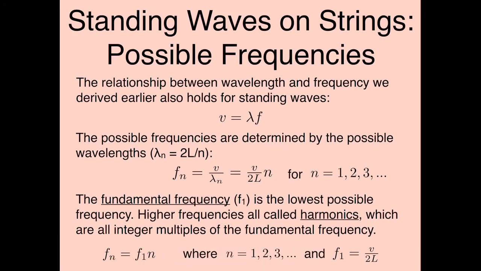That means the harmonics, the higher frequencies, are just some integer multiple of the fundamental frequency, because we just take the fundamental, we can multiply it by 2, we can multiply it by 3, 4, whatever the case may be. We're multiplying the fundamental by an integer to get the higher harmonics. That's how this works.